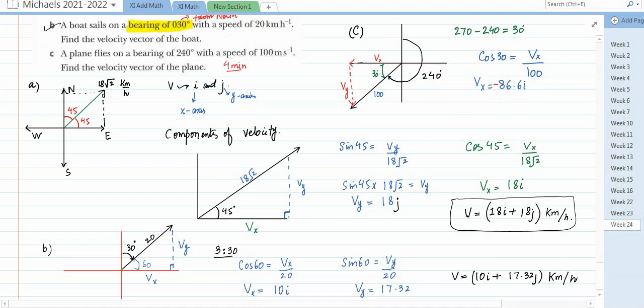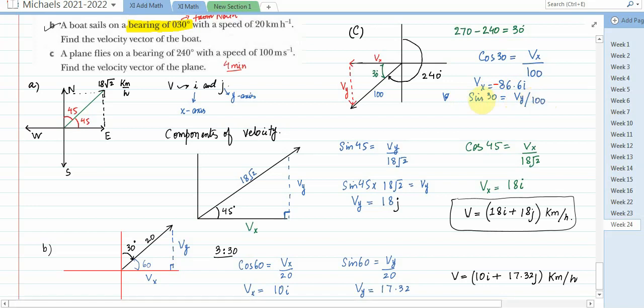Similarly, for velocity y, we need to apply sine here. That will be sine of angle 30 is equal to opposite divided by hypotenuse, 100. Sine 30 times 100, it's 50.